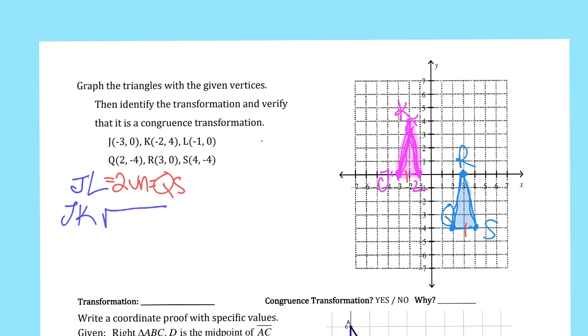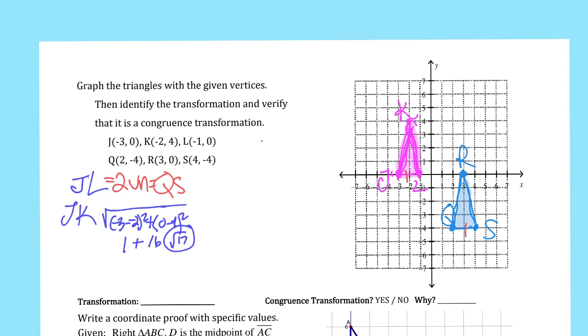I'm going to subtract the two x's, so -3 minus -2, squared, plus the two y's, 0 minus 4, squared. That'll give us -1 squared, which is 1, plus -4 squared, which is 16. So that'd be the square root of 17. So the distance from J to K is going to be the square root of 17.